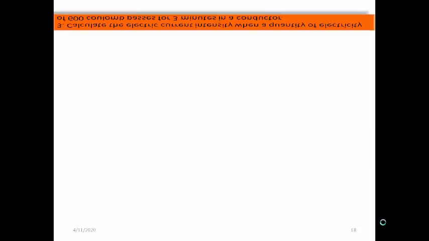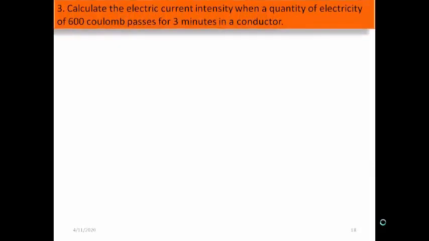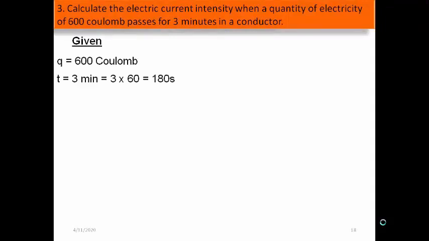Exercise 3. Calculate the electric current intensity when a quantity of electricity of 600 coulomb passes for 3 minutes in a conductor. What is given is quantity of charge 600 coulomb, time 3 minutes, which again we are going to convert into seconds by multiplying with 60, and the time will be 180 seconds, and the intensity is unknown.